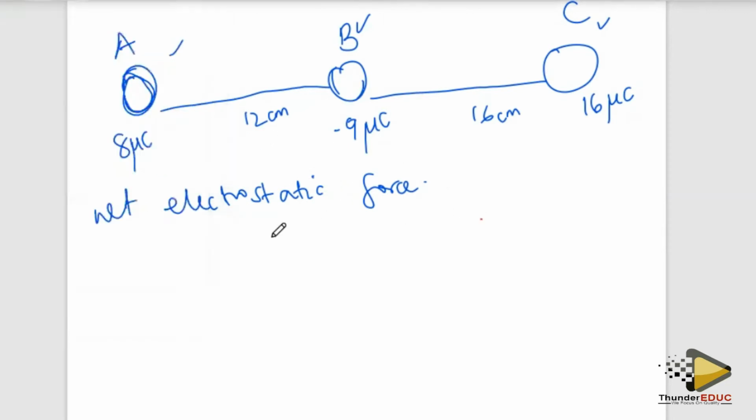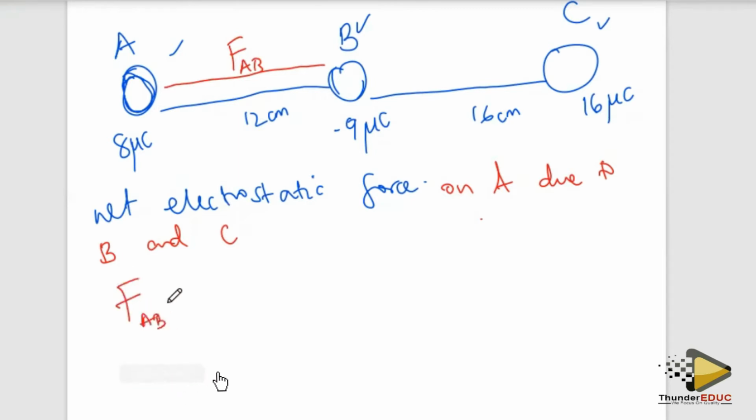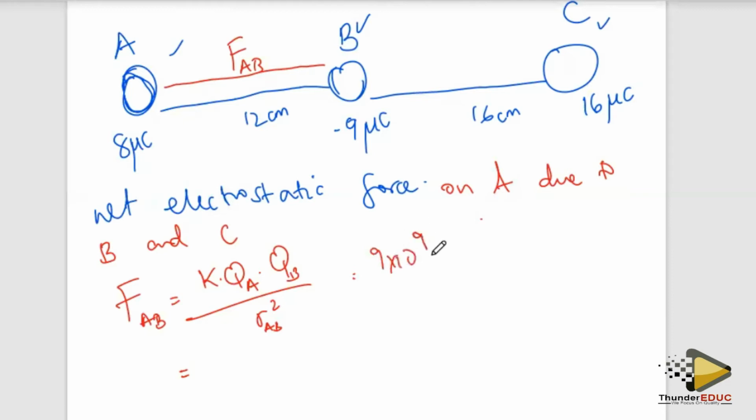Okay, so since I'm looking for the net electrostatic force on A due to B and C, step number one, I need to get the force between A and B. Remember we say QA times QB over RAB squared. So when I do my substitution, that is 9 times 10 to the 9, then times 8, we said micro is 10 to the negative 6, and then this is 9 times 10 to the negative 6.